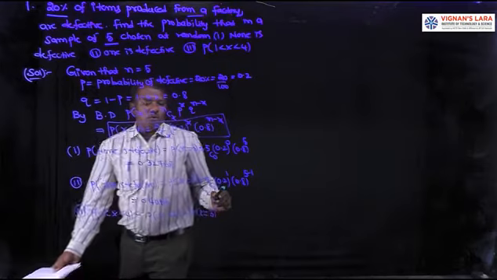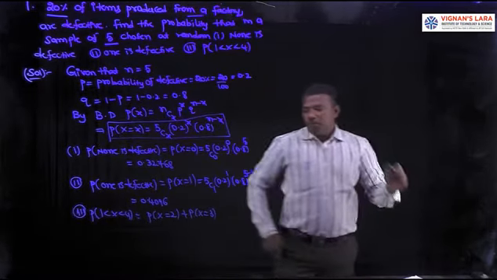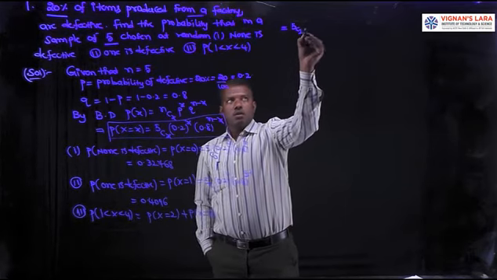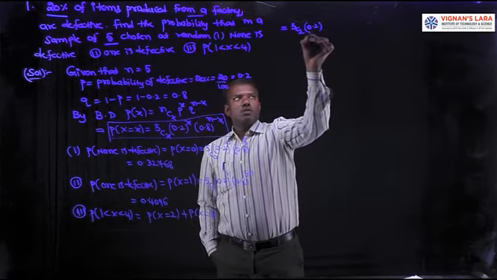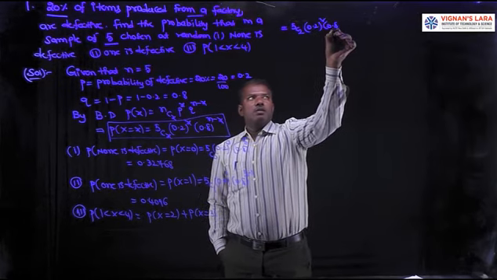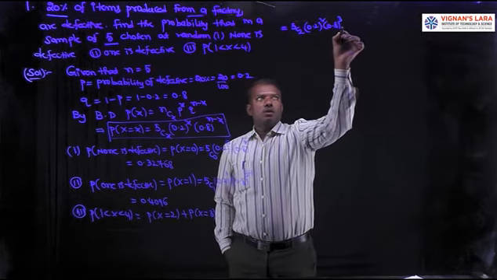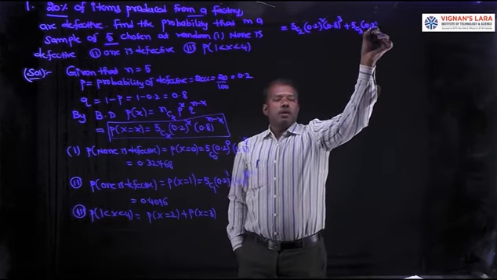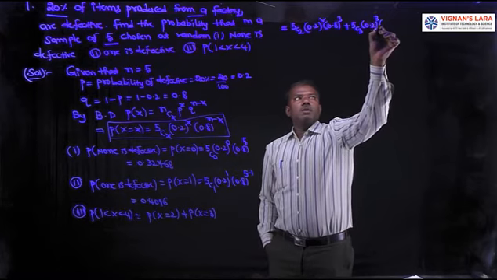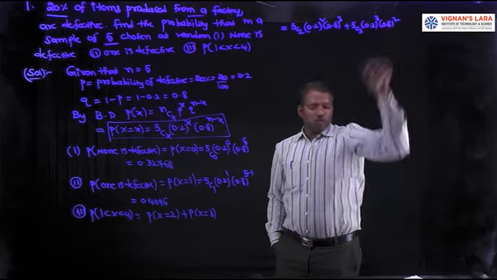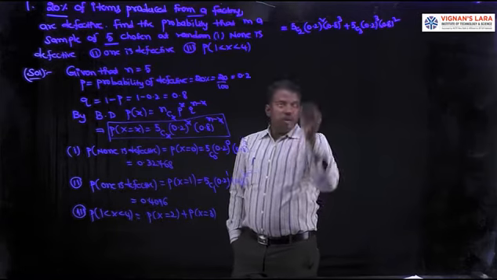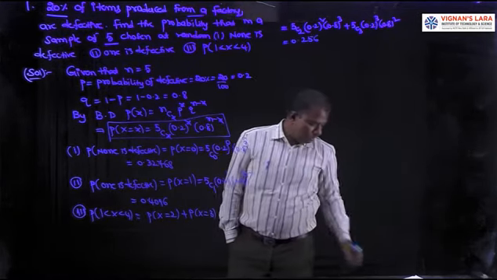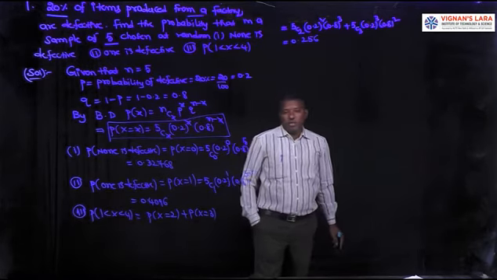P of x equal to 2 is 5C2 into 0.2 whole square into 0.8 whole power 5 minus 2, that is 3, plus 5C3, x equal to 3, 0.2 whole cube into 0.8 whole square, and simplifying we get 0.256. This is the probability between 1 and 4.